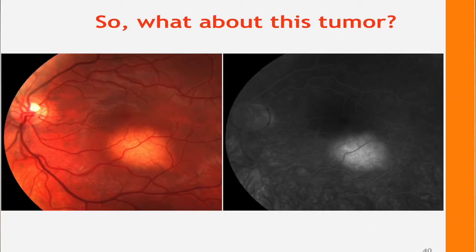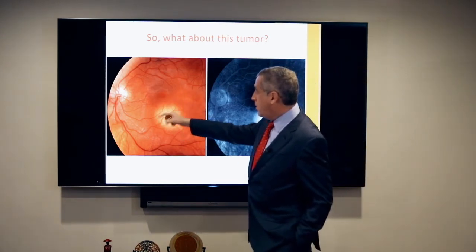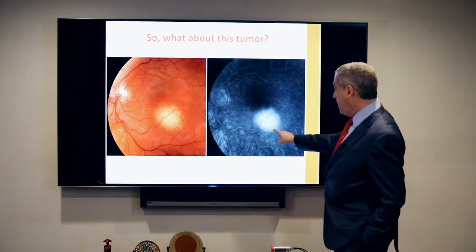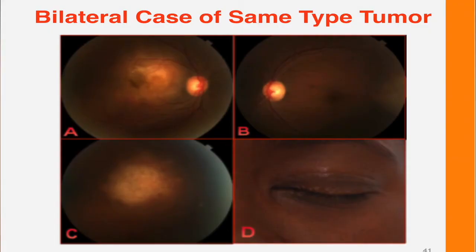What about this tumor? I like to throw in a couple of interesting cases like the small melanoma. Here we have a blonde tumor, poor margins, no pigment on the surface, maybe a few little microaneurysms, but nothing to write home about. This patient had the same thing. It's a blonde tumor, variably pigmented, even had an eyelid lesion.